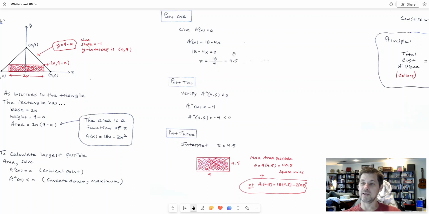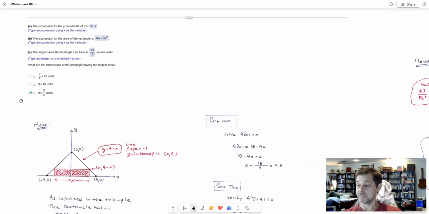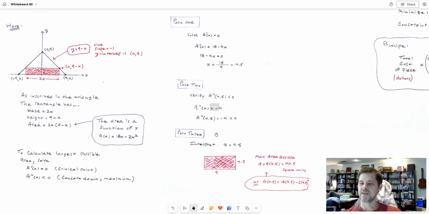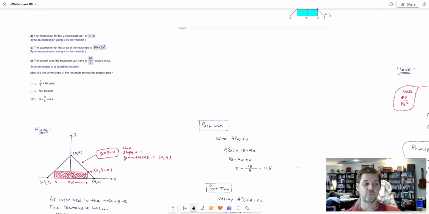Or we can say that that number tells me that the dimensions of the largest rectangle are 9 by 9 over 2. Okay, so there will be this step of interpreting based on whatever the critical number is, and how you interpret is all going to depend on what you're asked ultimately to say about the situation, and that's what I see in part C.